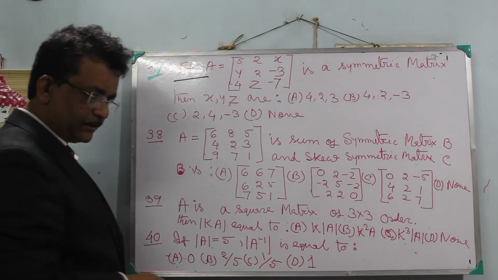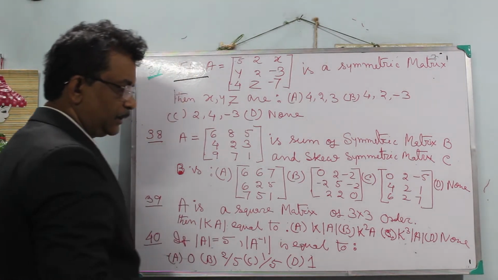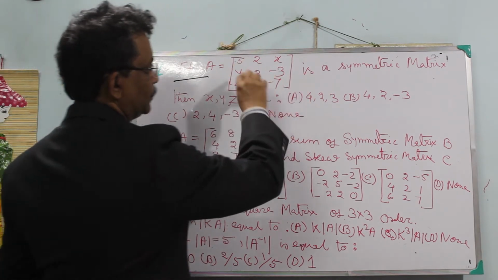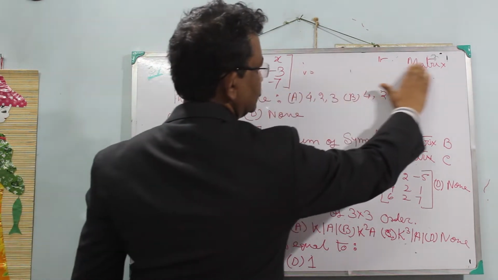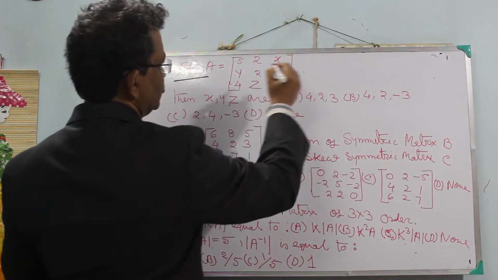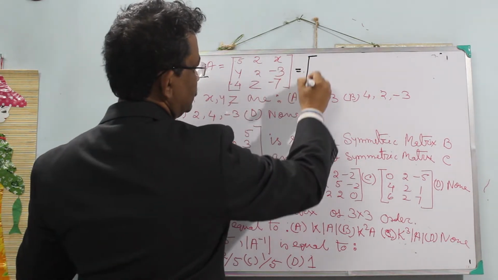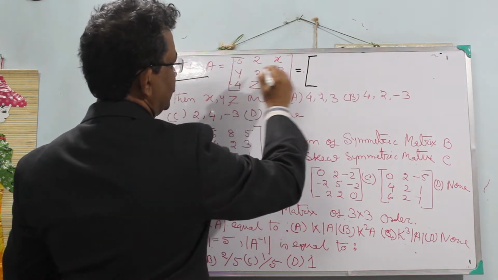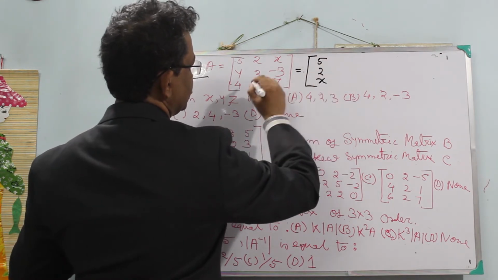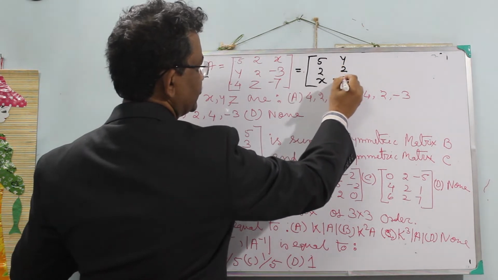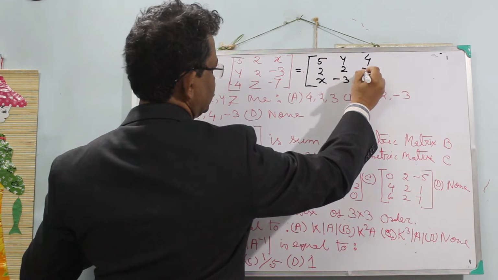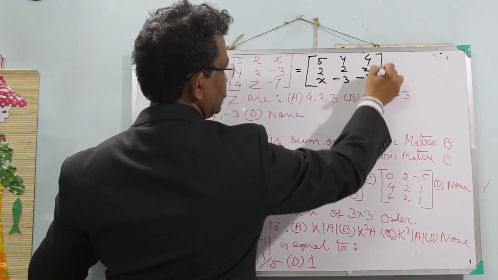If it is symmetric, then we will interchange the row and column, since it is a symmetric matrix. So this equals, I can say, 5, 2x, y, 2, minus 3, 4, z, minus 7.